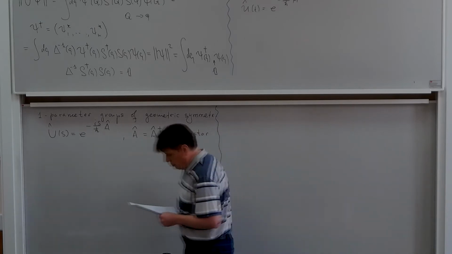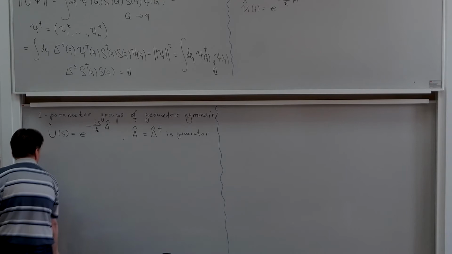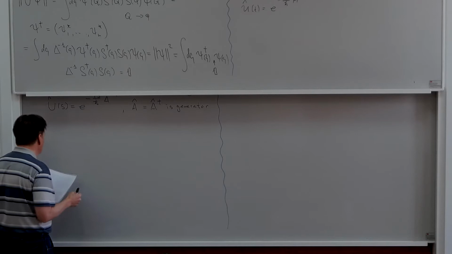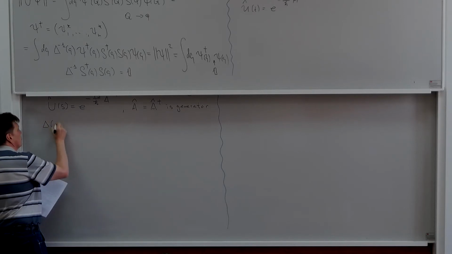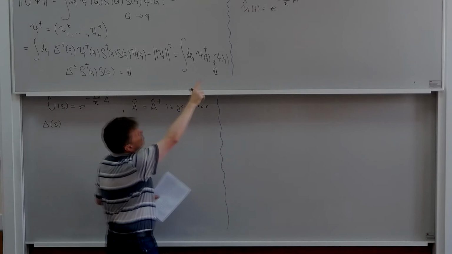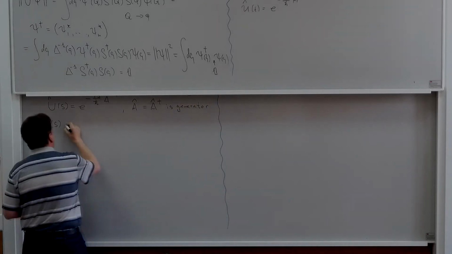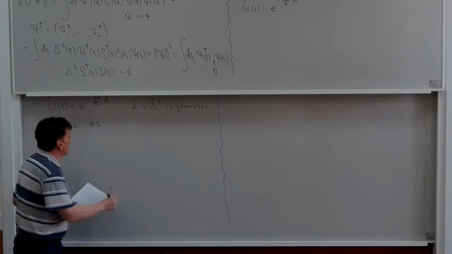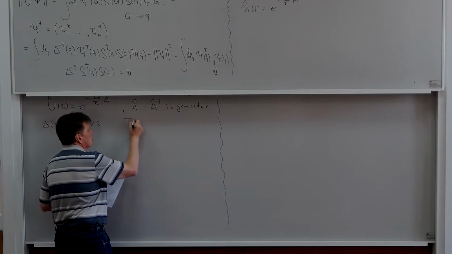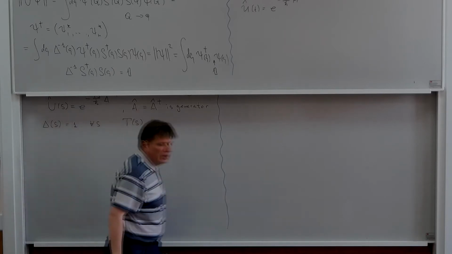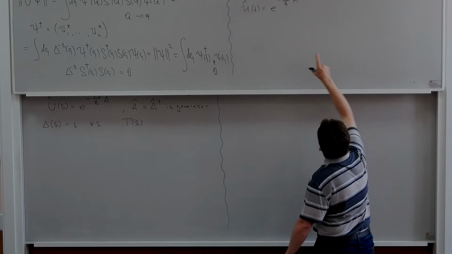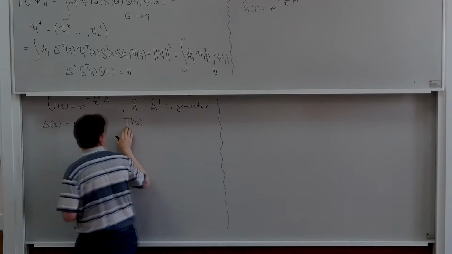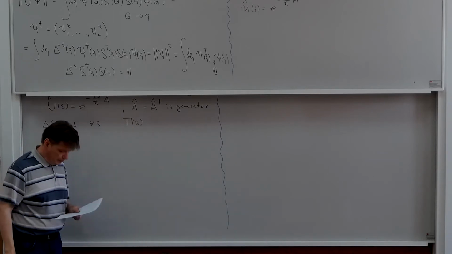It is not hard to answer this question, but for simplicity, let us suppose that the coordinate transformations are unimodular, that is, the function delta entering the formulas above is equal to 1 for all s. And let us also suppose that the unitary matrices T of s do not depend on the coordinates Q, so they are Q independent, just for simplicity.